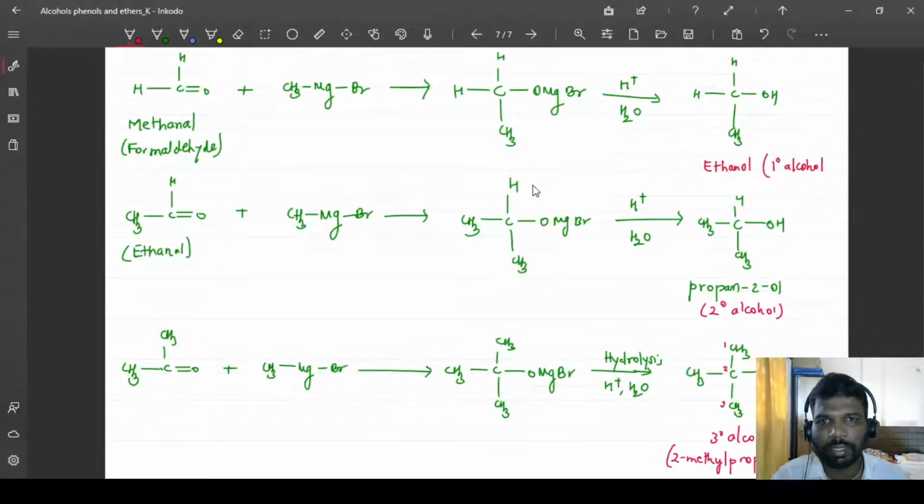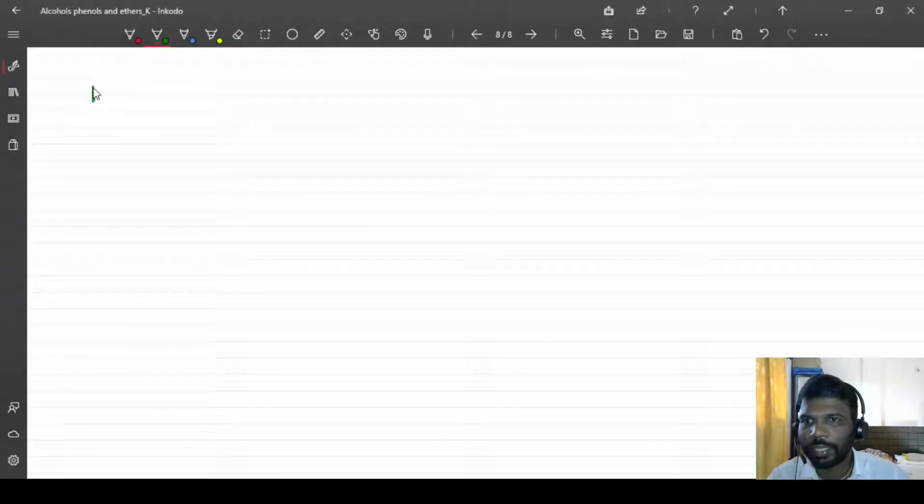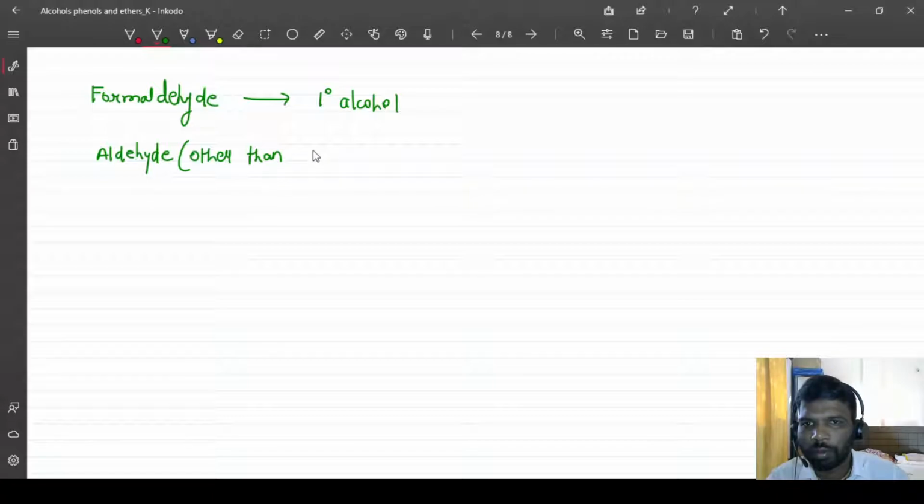So if I want to summarize this: from this reaction, formaldehyde gives a primary alcohol, any other aldehyde gives a secondary alcohol, and a ketone gives a tertiary alcohol.